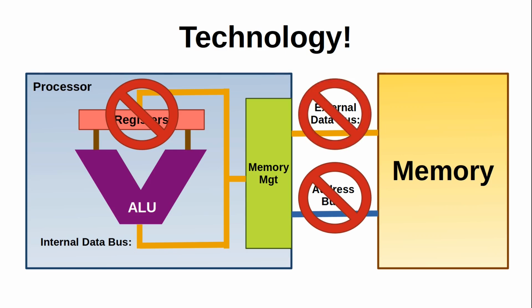But even the external data bus, we've got to eliminate that, because there are 16-bit processors that have an 8-bit external data bus, like the 65C816, or even the 8088, which we're going to be covering in this video. Those had 8-bit external data buses, mainly because the components outside the CPU, in that era, were made for other 8-bit computers.